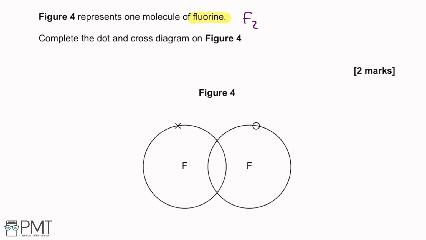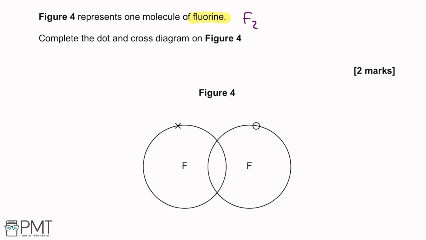So, for this fluorine atom, we're representing electrons as crosses. And for this fluorine atom, we're representing electrons as dots. Now, we need to represent the covalent bond which is occurring between these fluorine atoms. And remember that a covalent bond is the sharing of electrons. So this fluorine's going to share an electron. This fluorine's going to share an electron.